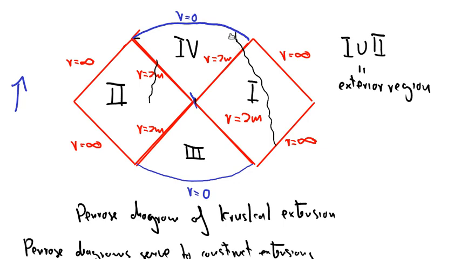So we can see very easily in this diagram that if you enter region 3 and 4, you cannot return to the asymptotically flat regions. So regions 3 and 4 correspond to what we call the interior region, the interior of a black hole. That's why we're using the name interior.